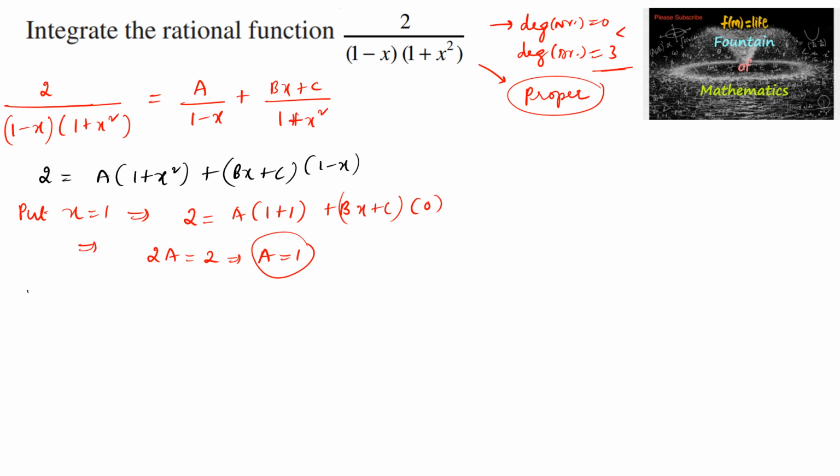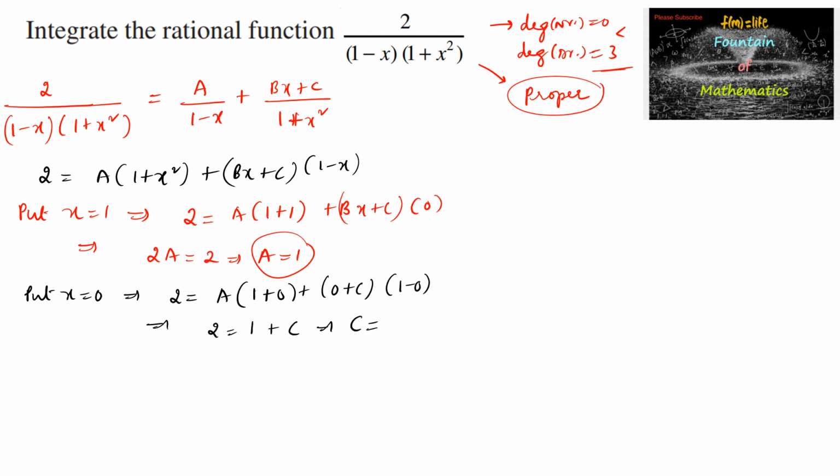And next, let us put x is equal to 0. So we get 2 is equal to a times (1 plus 0) plus (b into 0 plus c) times (1 minus 0). So 2 is equal to 1 times (1 plus 0), that is 1, plus c. So we can write c is equal to 2 minus 1, that is 1.